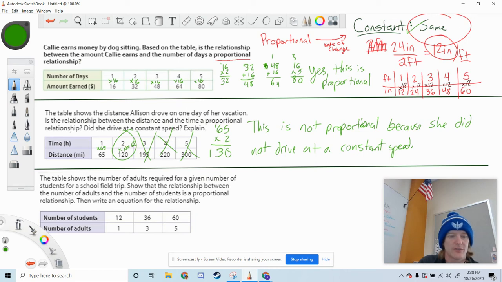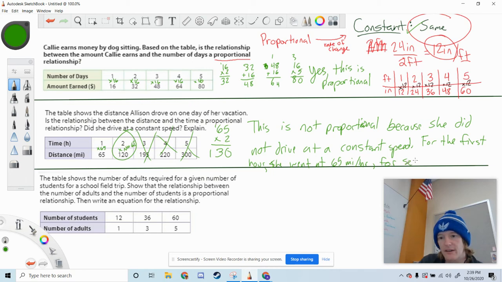So let's make sure we answer the questions. Is the relationship between the distance and time a proportional relationship? We said it is not proportional. Did she drive at a constant speed? No, she did not. Explain. So for the first hour, she went at 65 miles per hour.